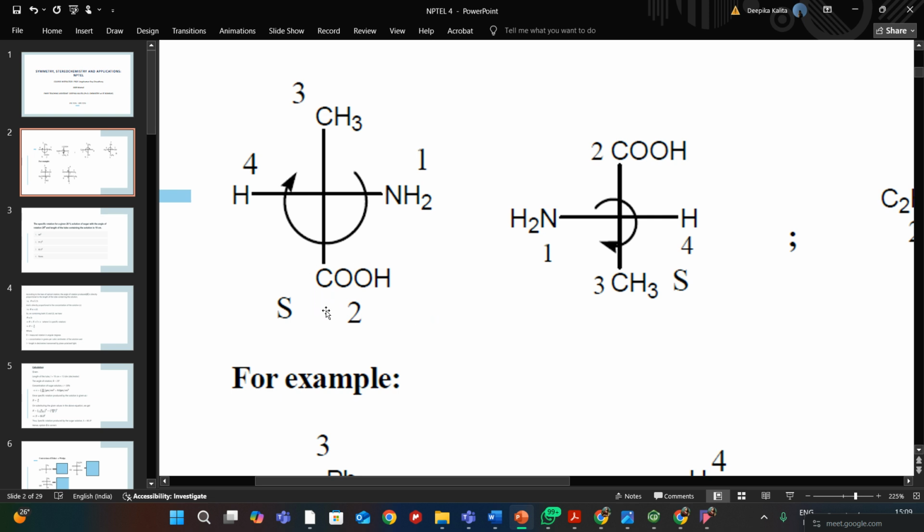So priority wise, as we all know, when it comes to RS nomenclature, the first priority is given to the substituent where the atom linked to the chiral center has the highest atomic number. So among all these 4, nitrogen is having the highest atomic number. So this will be given the first priority.